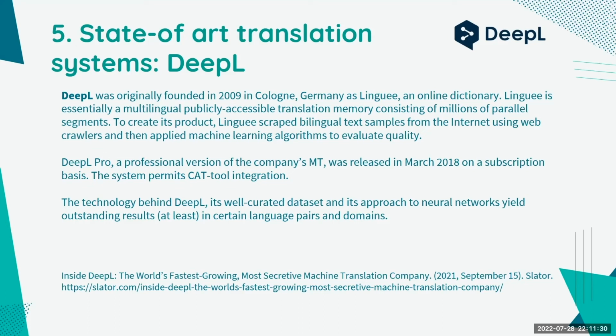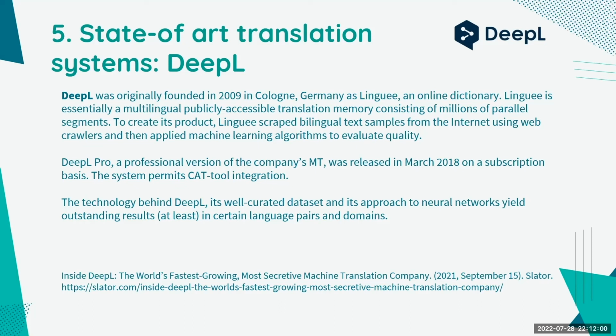It is essentially a multilingual, publicly accessible translation memory, as it consists of millions of kernel segments. To create this product, Linguee scraped bilingual text samples from the internet using web crawlers, and then applied machine translation algorithms to evaluate quality.